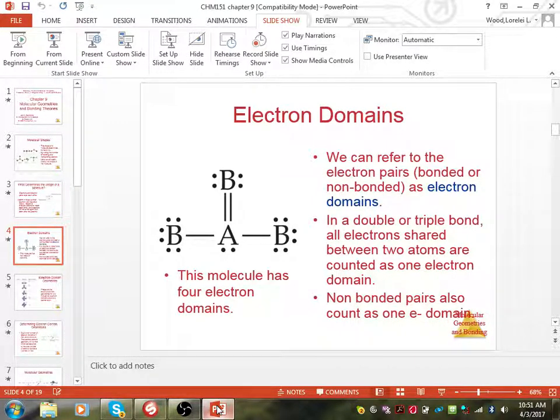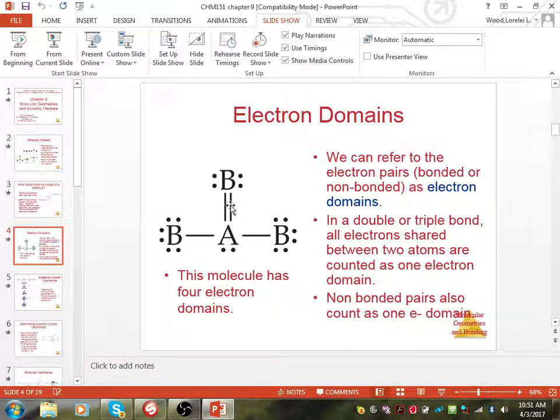So generally when they're asking about electron domains, they're talking about the electron domains around the central atom. In this case, what's the central atom, A or B? A. Okay, so we've got a non-paired electron domain there. We've got 2 single bonds, which count as their own electron domain. And then we've got this double bond, which actually counts only as a single electron domain.